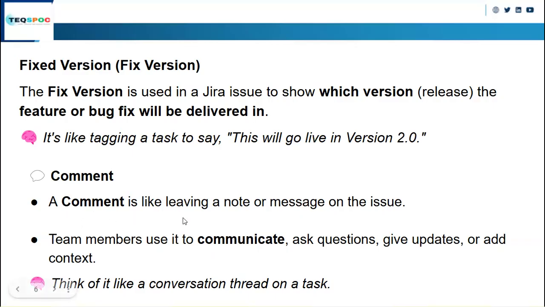A comment is like leaving a note or message on the issue. We will see how to write a comment. As a team member, you use it to communicate, ask a question, give updates, or add context. When we write a comment inside a user story, whoever is linked or assigned to that user story will be notified that a particular developer has made some changes or added something.